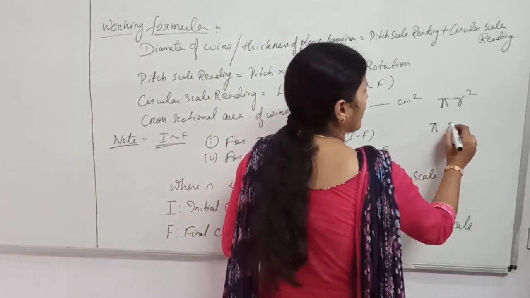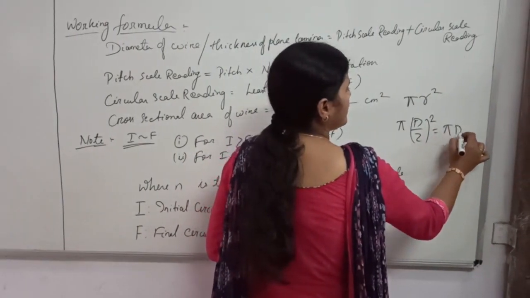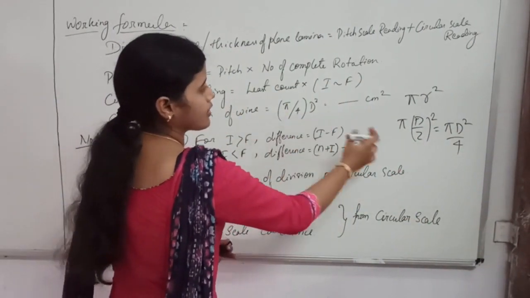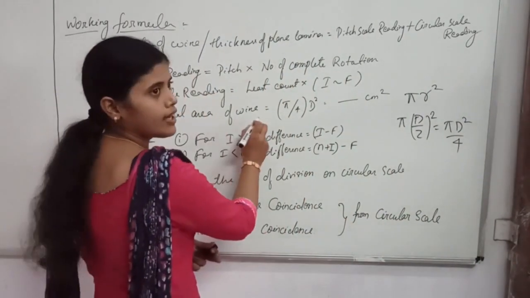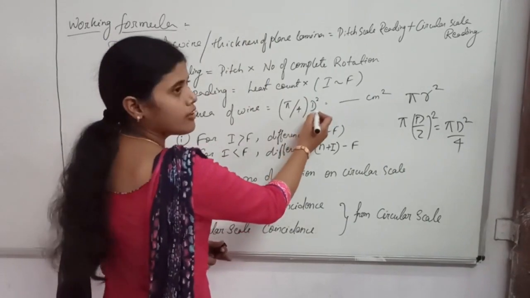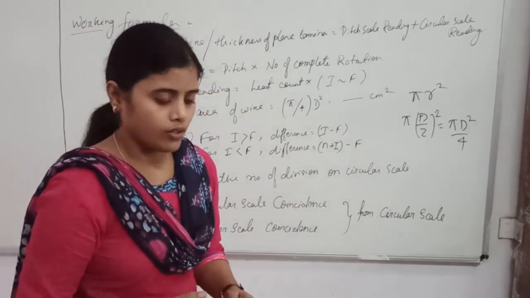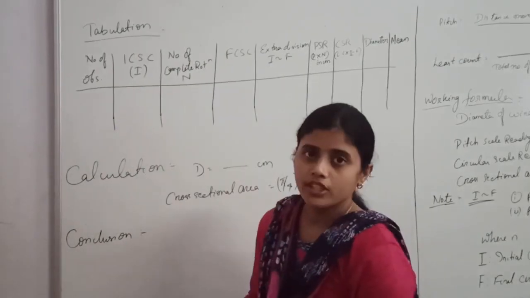So pi times d by 2 whole square gives pi d square by 4, which I have written here, pi by 4 d square. This will give you the cross-sectional area of the wire. After finding the diameter, you will put the value of d here and you will get the cross-sectional area of the wire.